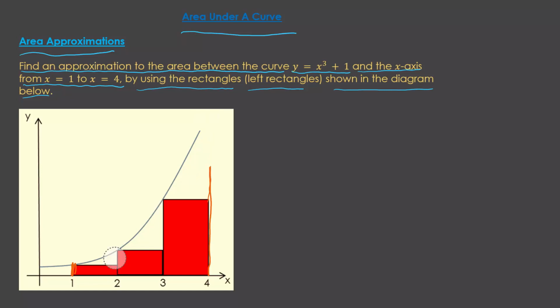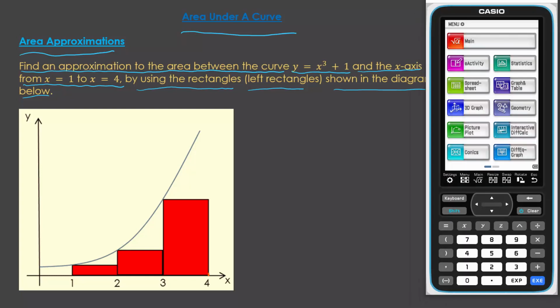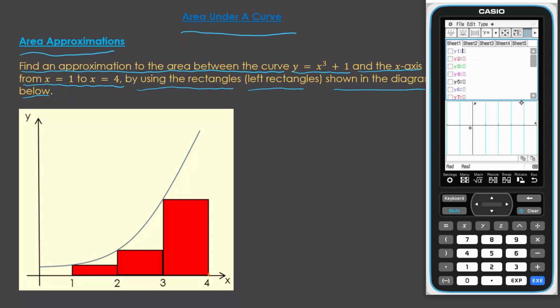Okay, so let's do the approximation. What we want to work out is the area of those rectangles. So I'm just going to save a bit of time by using the calculator. I'm going to go to graph and table, and I'm going to put in there x cubed plus 1.